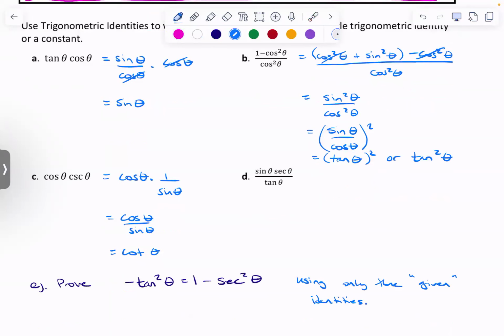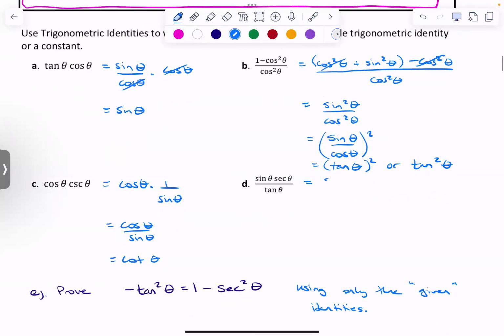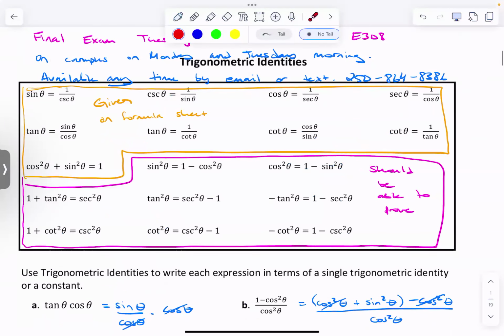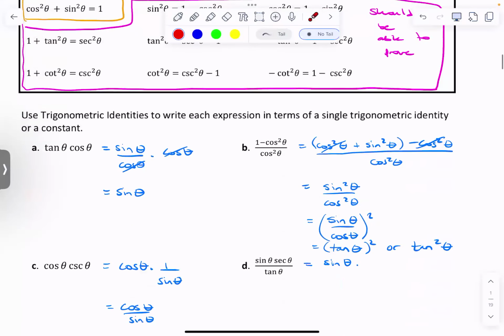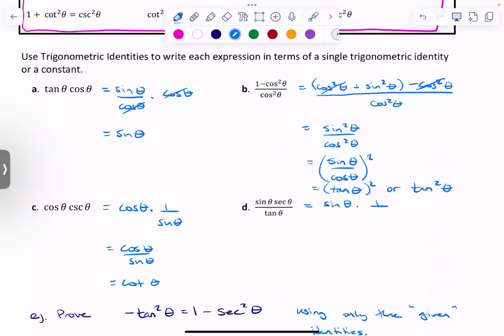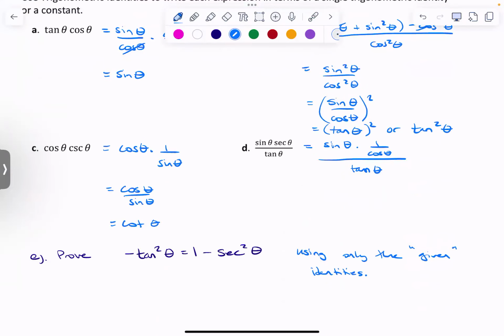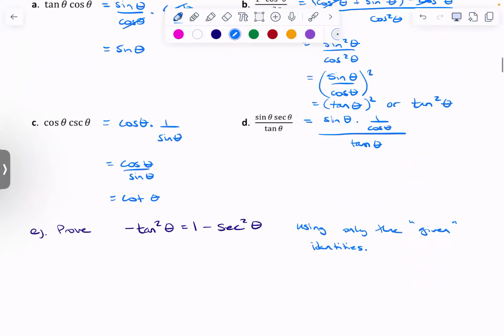So I'm going to start with the secant theta, which means I have sine theta times the secant theta, which is 1 over cos theta, and then that's all over tan theta. Now sine theta times 1 over cos theta, I can rewrite as sine theta over cos theta, and then that's over tan theta.